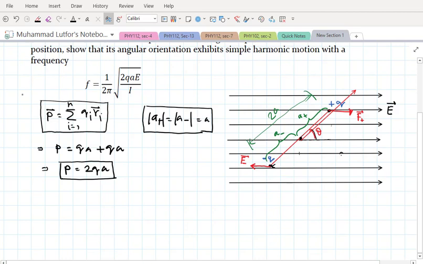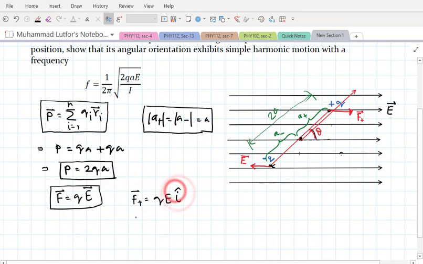Basically we know that the force on a charged particle inside an electric field is expressed by the equation force equals q into E. Using that idea, the force on the positive charge would be q into E into i hat, and the force on the negative charge would be minus q into E i hat.